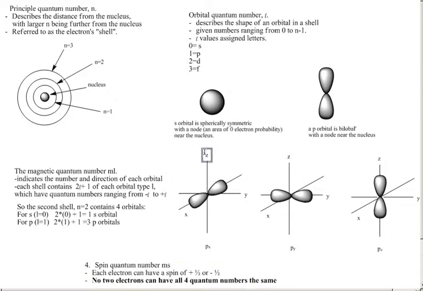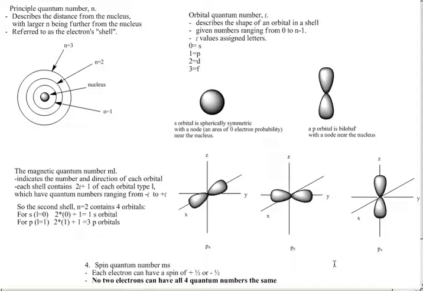I want to talk a little bit today about assigning quantum numbers to electrons. Quantum numbers are how we describe the position and orientation of electrons around an atom. One thing to keep in mind before we start is that when we specify an electron with a set of quantum numbers, we're not really talking about a location for that electron.